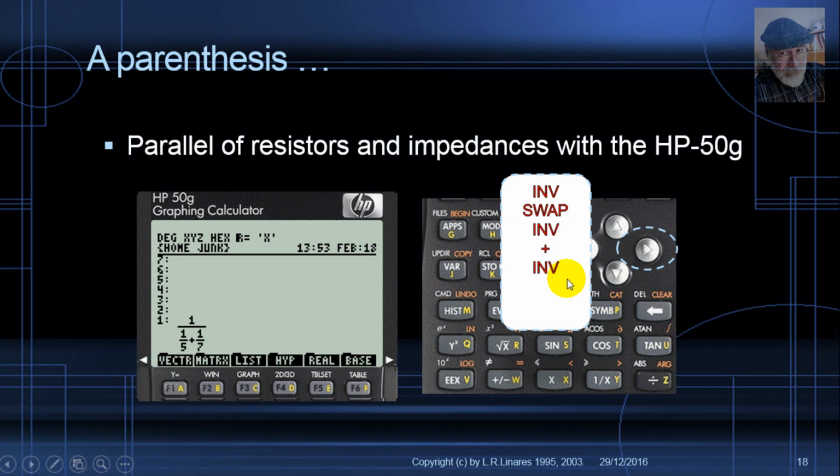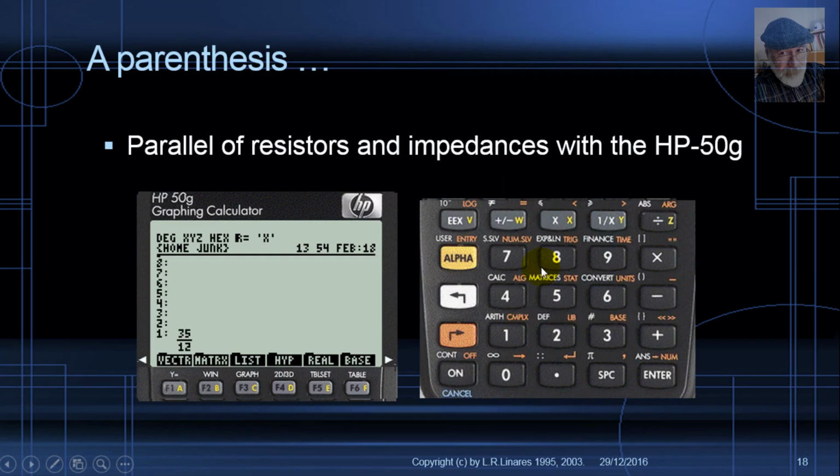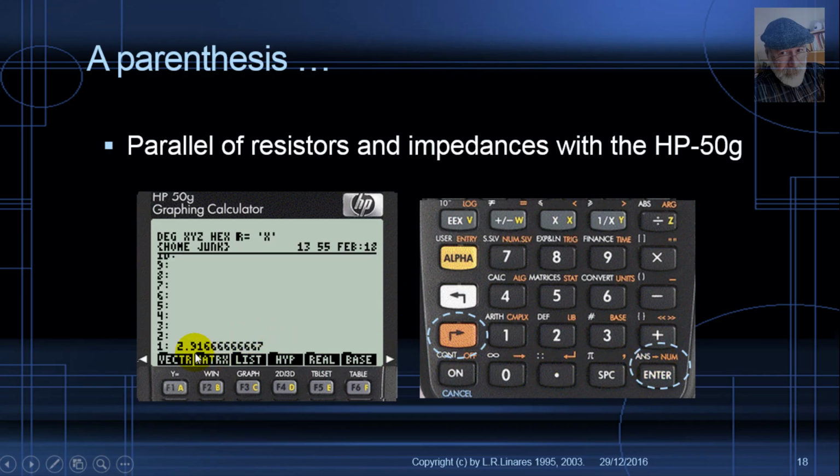We shall see it works also with two impedances in parallel. That would be wonderful. If you actually want that value as a floating point number, you press red shift and num, and it gives you that the parallel of 5 and 7 is 2.92 ohms.